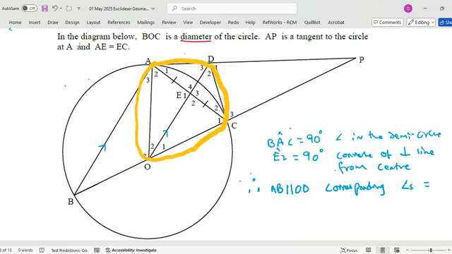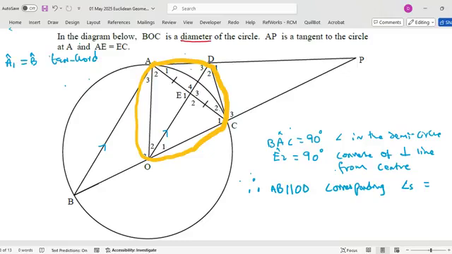We said when we started, I put X there on A1, and then we agreed to say A1 is equals to B. We agreed on that one, and the reason is tan chord, the angle between a tangent and a chord.